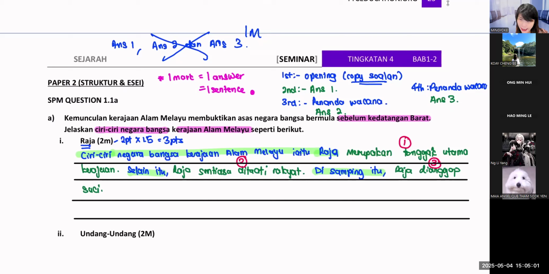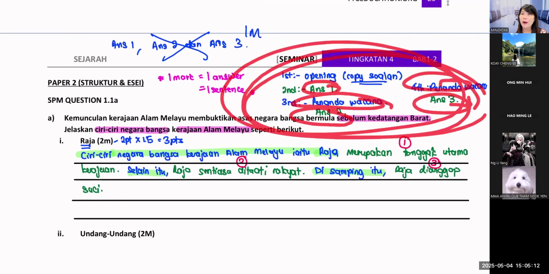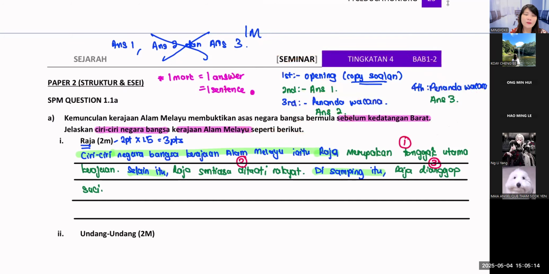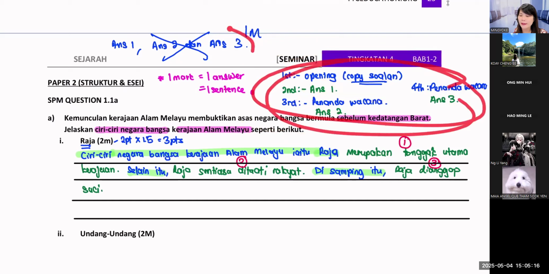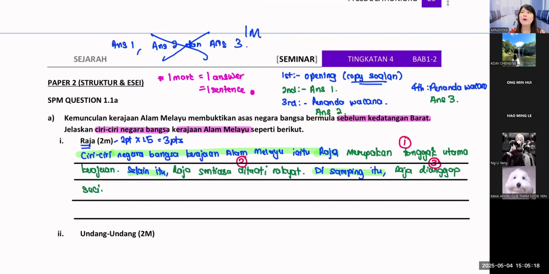But in your Form 4 school exam, they want you to write the opening, copy the soalan, then answer 1, then penanda wacana, answer 2, then penanda wacana, answer 3. This is the format to answer. If you don't follow this format, you may not get full marks. That's why some of you may come back and tell me, teacher, why here got 4 marks? I wrote 4 points, but why did I only get 1 mark? That's the reason lah.